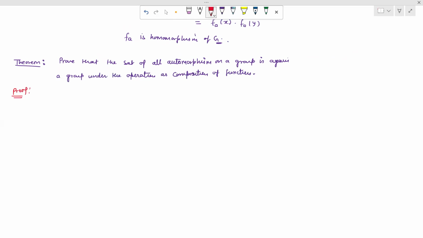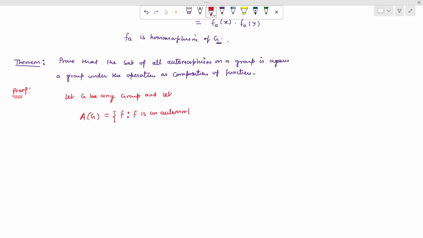So prove that the set of all automorphisms on a group is again a group. So let G be any group, and let the automorphism of group G be defined as a function f such that f is an automorphism.